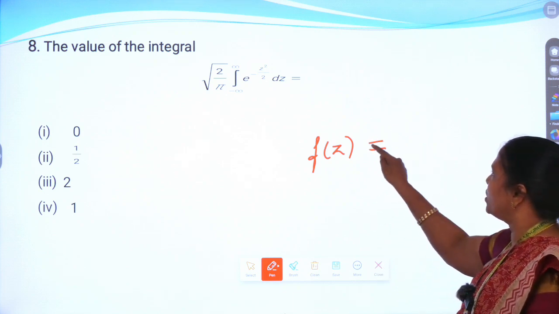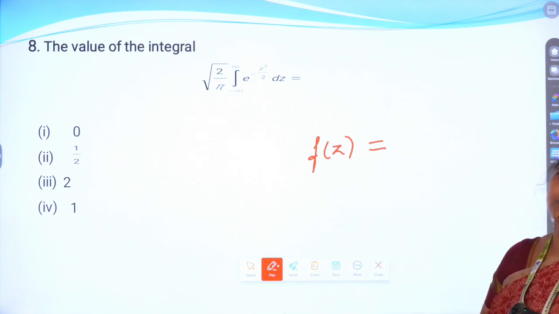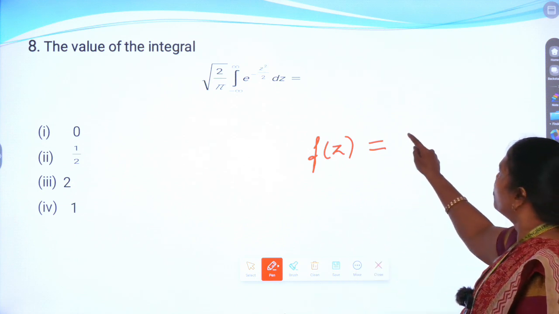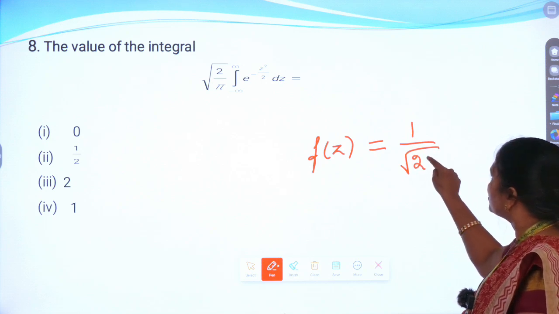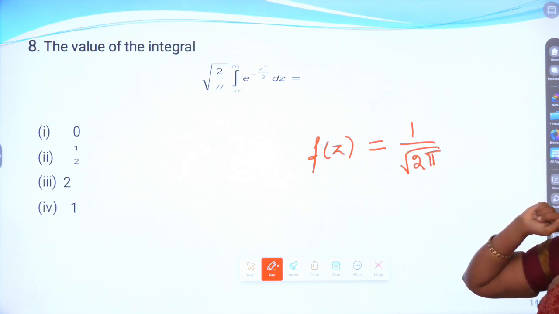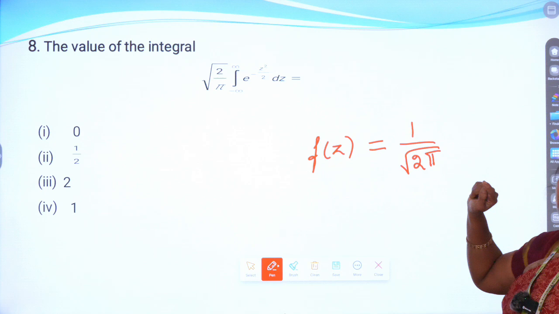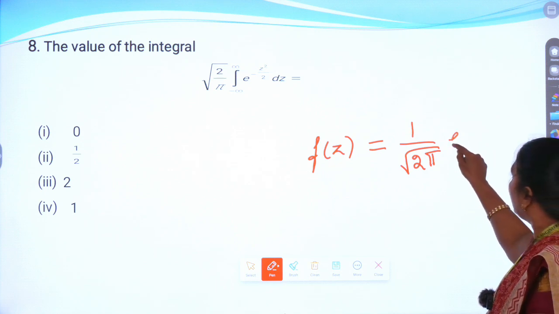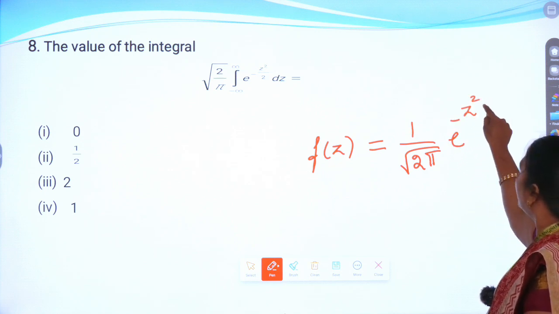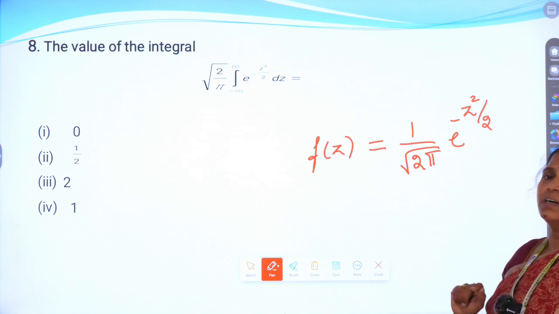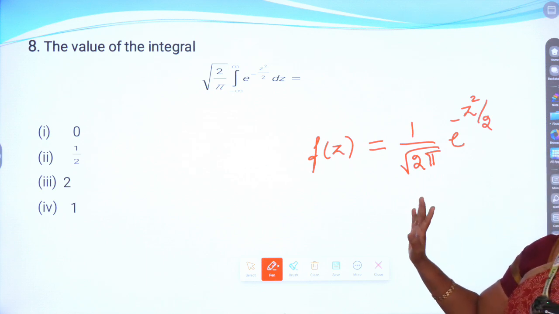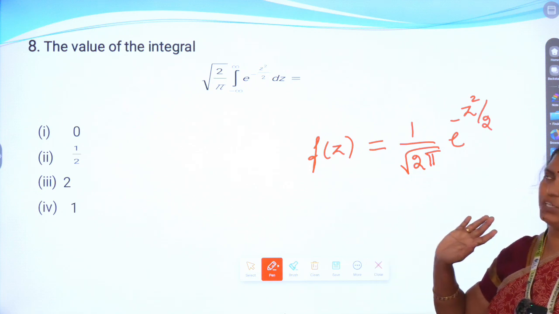So the probability density function of the standard normal distribution is f of z equal to 1 by square root of 2 pi e power minus z square divided by 2.